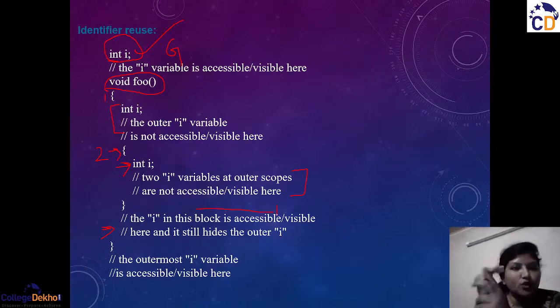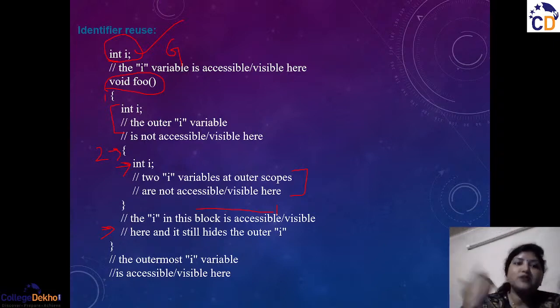So we can reuse the variables by having different blocks in our program. Its scope becomes local to that particular block. Then we have the outer block, whose scope is that outer block.